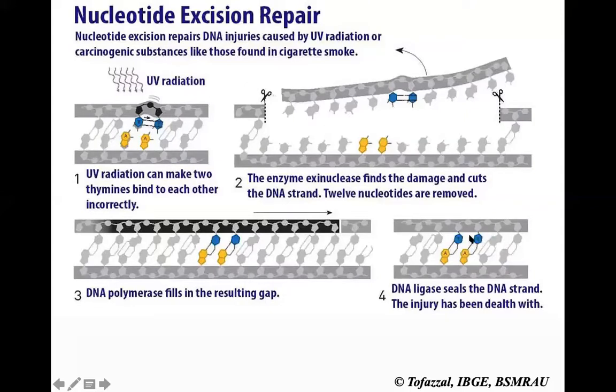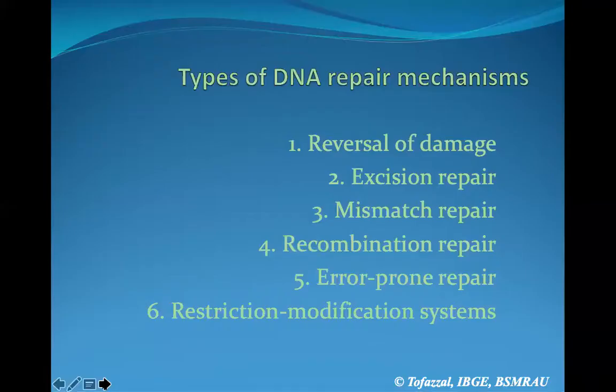In that case, it may cause cancer or other diseases in humans, or other genetic disorders, or it can remain silent. Sometimes even 2 or 3 nucleotide damage can remain silent if it is not in a major gene. So the types of DNA repair mechanism are: reversal of damage, excision repair, mismatch repair, recombination repair, error-prone repair, and restriction modification system. There are several types of DNA repair mechanism.